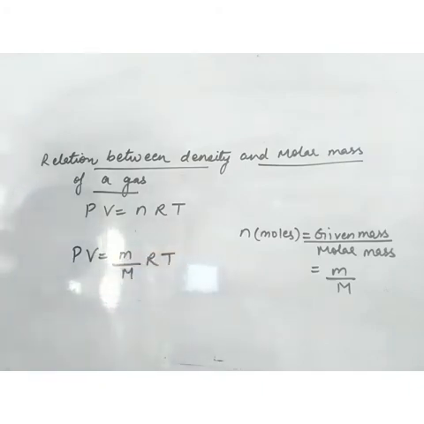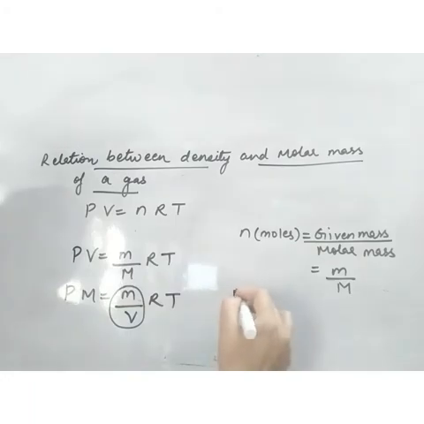like this. Now what we'll do, we'll interchange the terms. So take this molar mass to this side. Okay, now this is mass upon volume, and mass upon volume is nothing but the density.